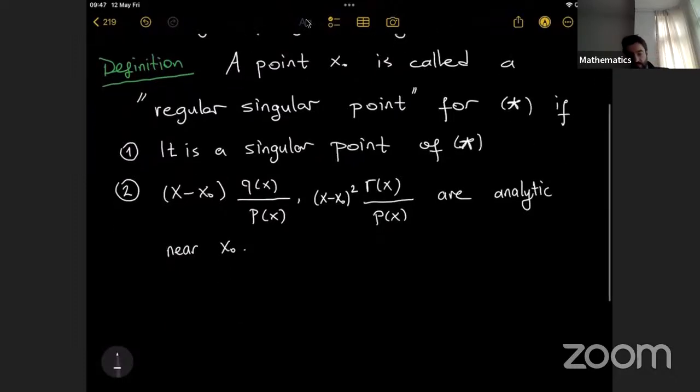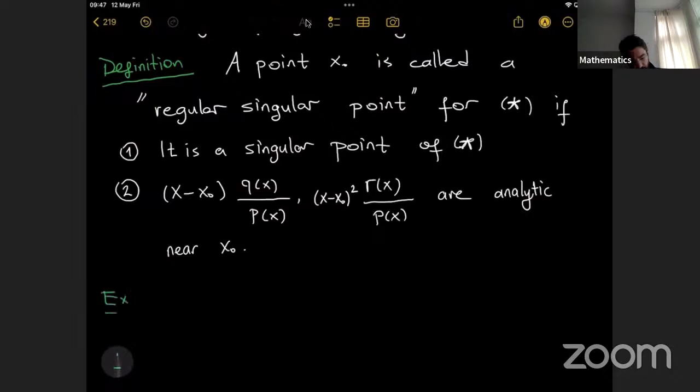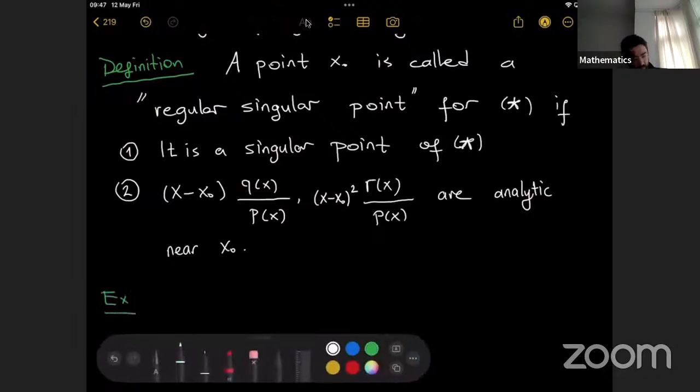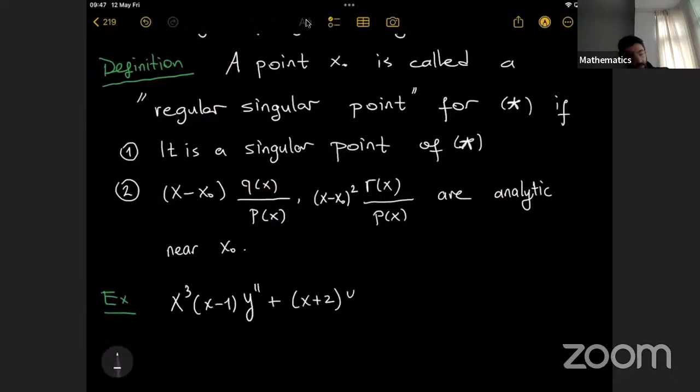Let's give an example of a regular singular point. Think of an equation like this: x cubed times x minus 1 times y double prime plus x plus 2 y prime plus 4y is equal to 0.